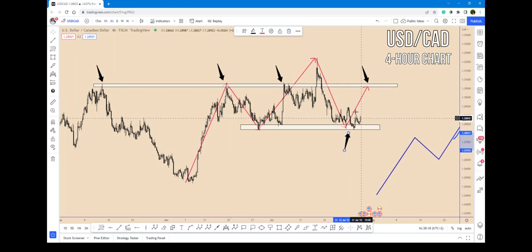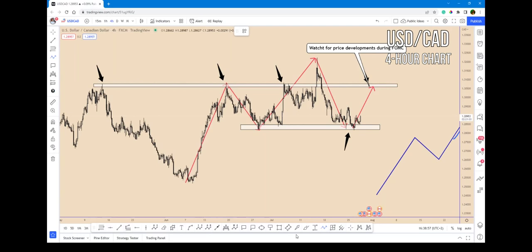This is because we are in front of FOMC, and if price shows a reaction close to 1.3070, we can see it moving lower again.